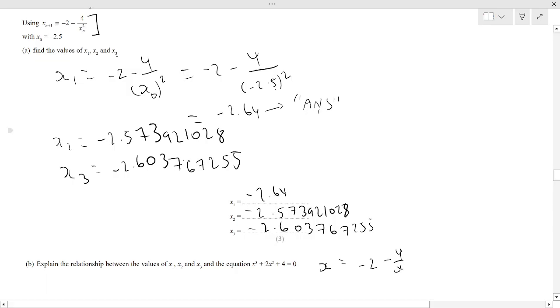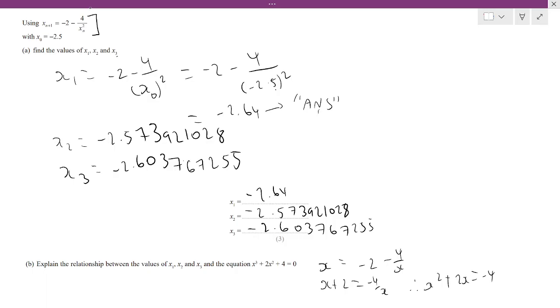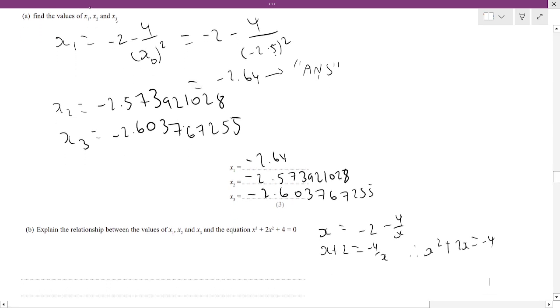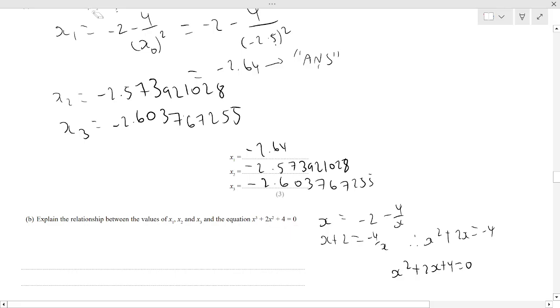So I can just knock off the n plus 1s, just replace it with just x. Then I'll say x plus 2 is minus 4 over x squared. So therefore, if I times both sides by x, you get x cubed plus 2x is minus 4. And then you get x cubed plus 2x plus 4 equals 0. And is that not this equation here?